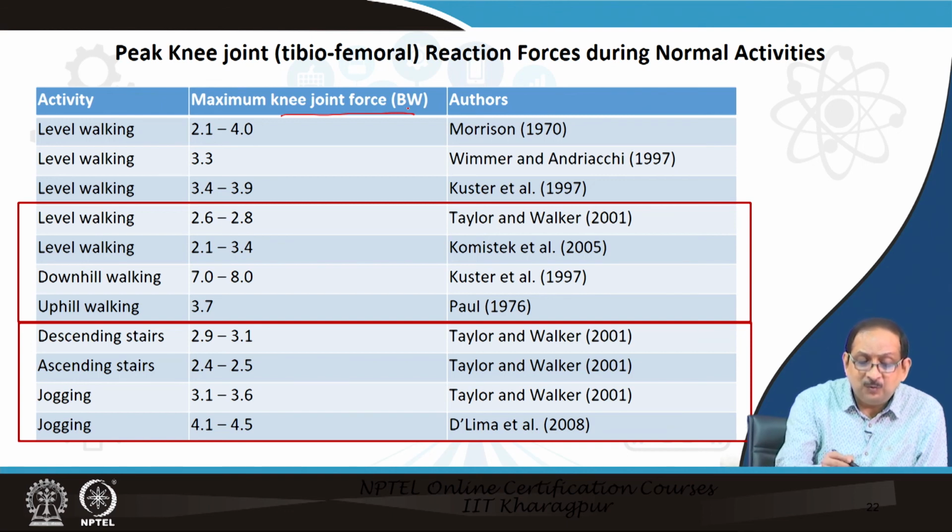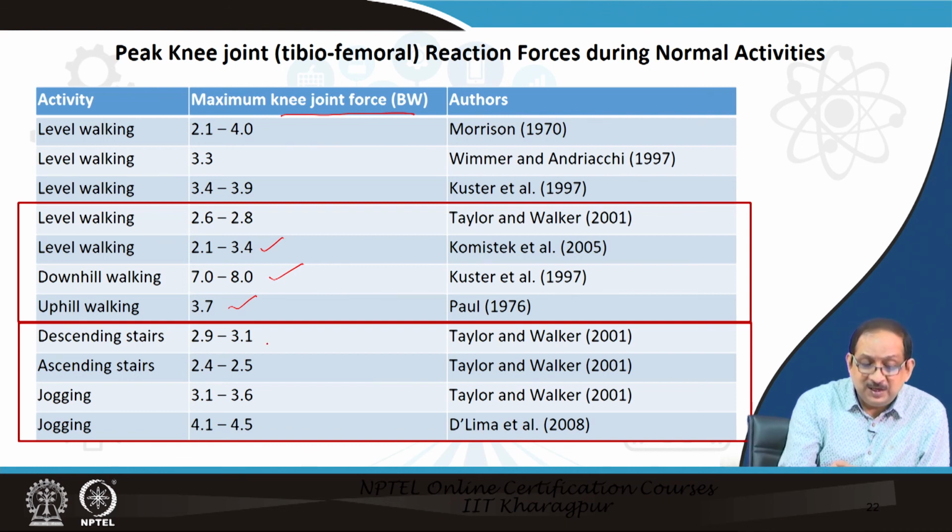During level walking, it can vary from 2.6 to about 3.4. During downhill, it goes to about 7 to 8 times body weight. During uphill, it goes to a peak of 3.7 times body weight.